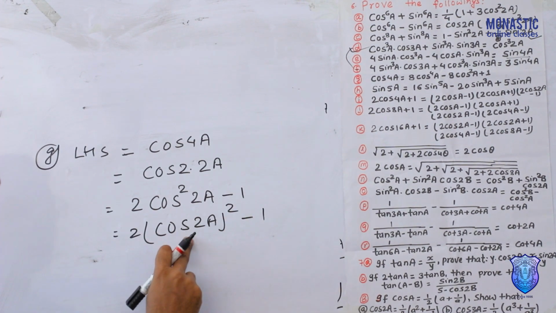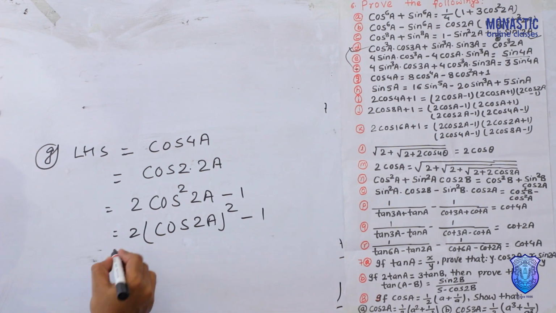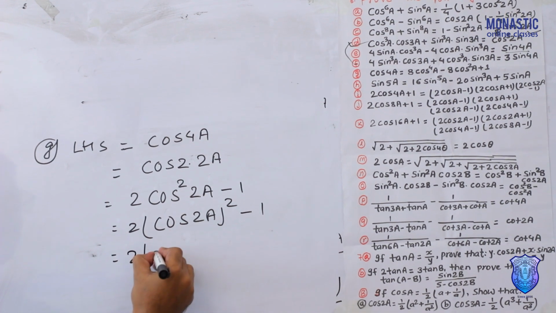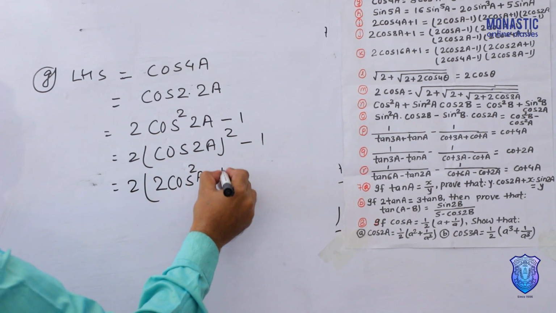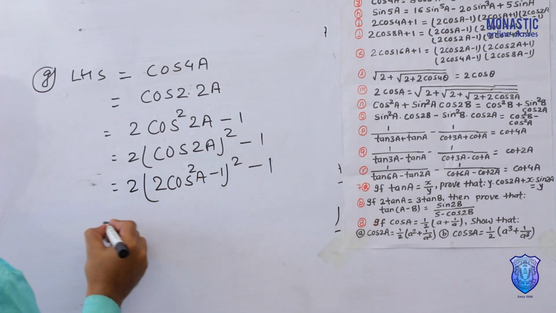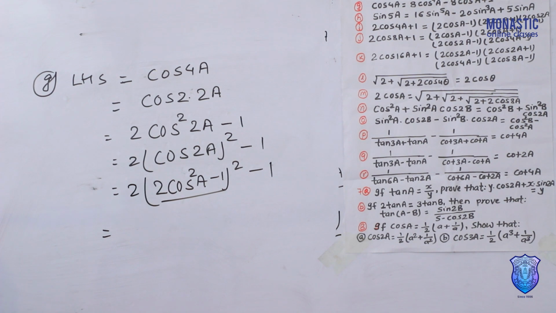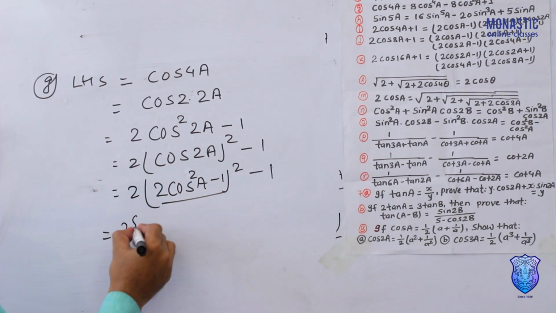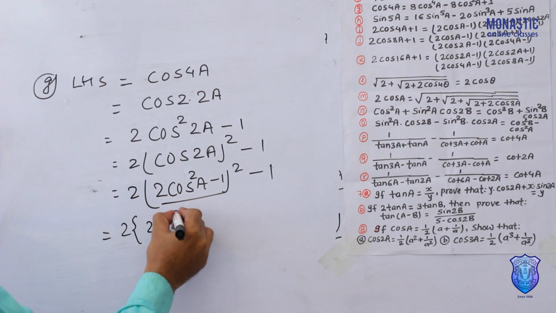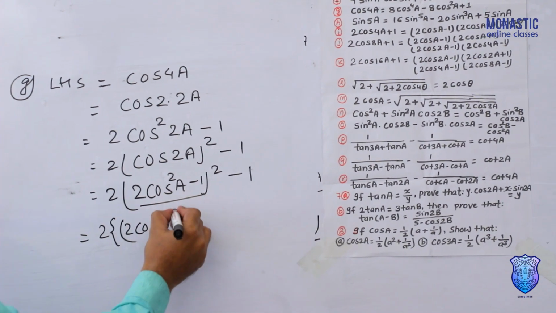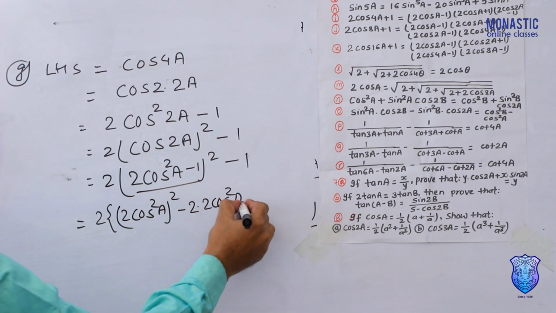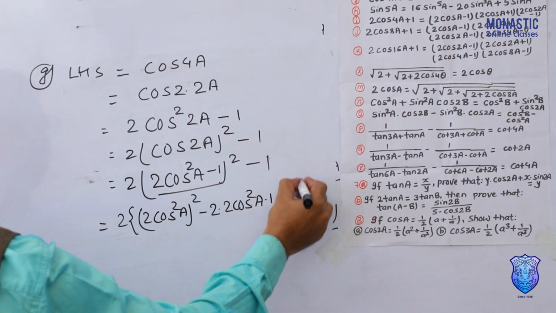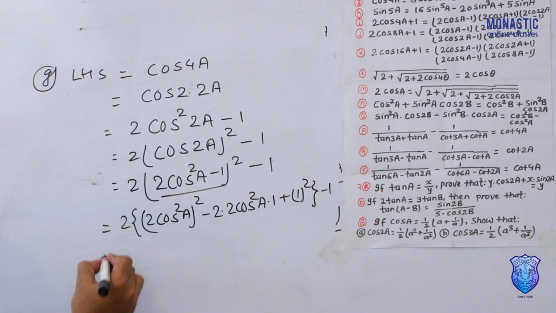We have to convert 2a into a, so we can write cos 2a as 2 cos square a minus 1, whole square. Now inside the bracket, a minus b whole square, so you can write a square minus 2ab plus b square minus 1.